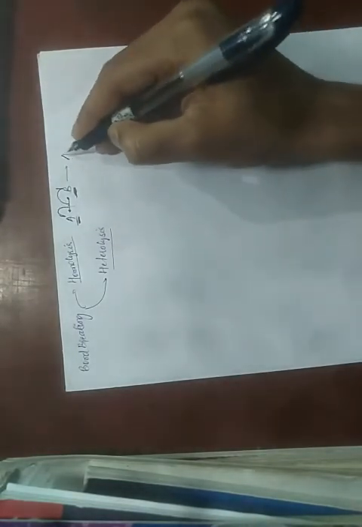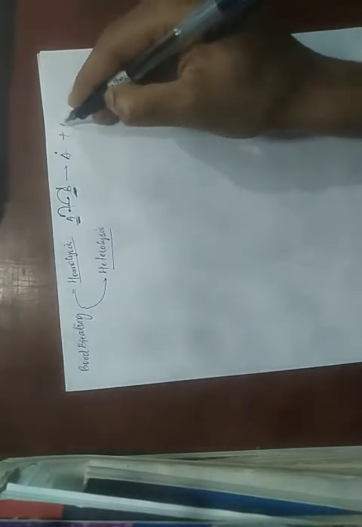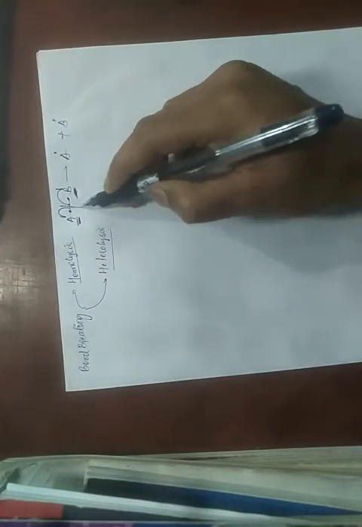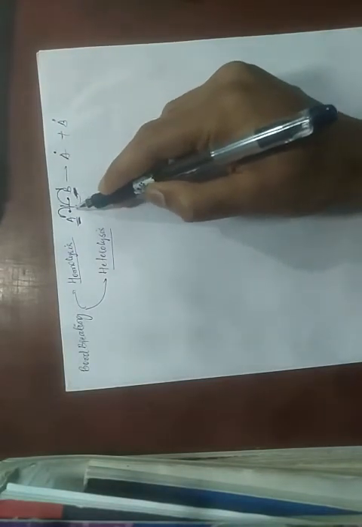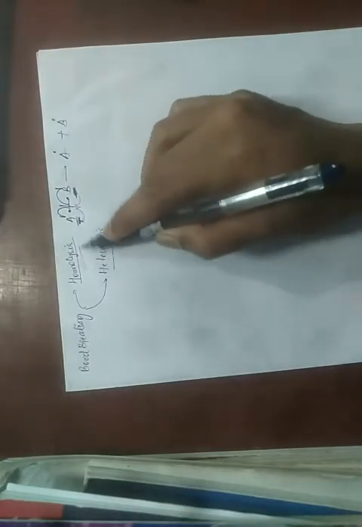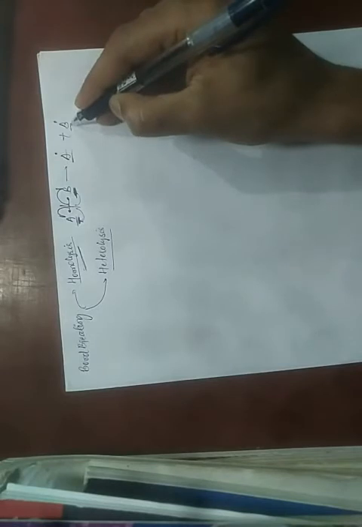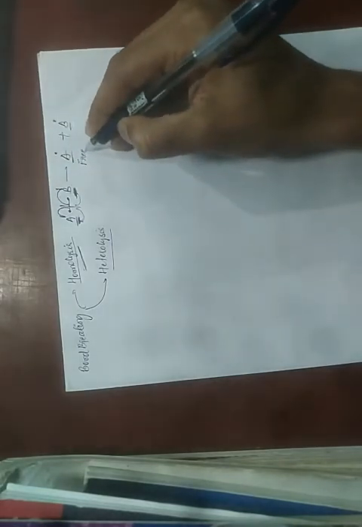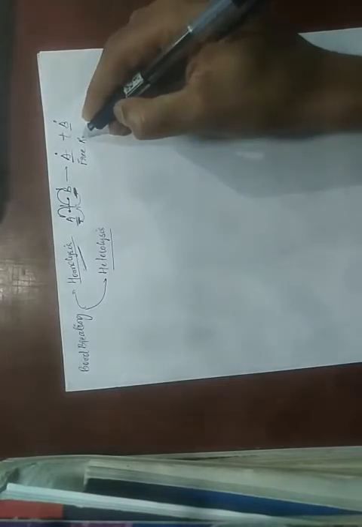There is an equal distribution. We can say this one A and this one B. So when the bond is breaking and an equal number of electrons is shifting to both sides, this type of bond breaking is called homolysis. The substance which is formed by homolysis is called free radicals. I hope you have heard this, free radicals.